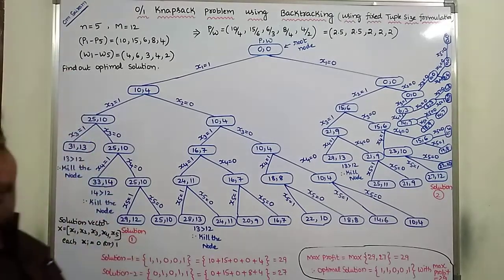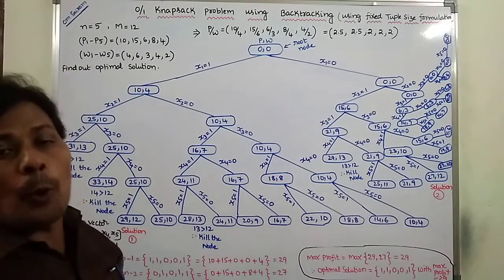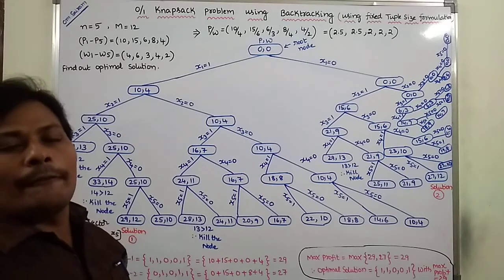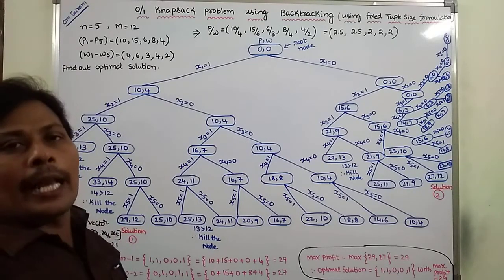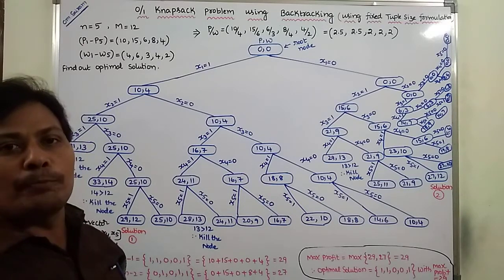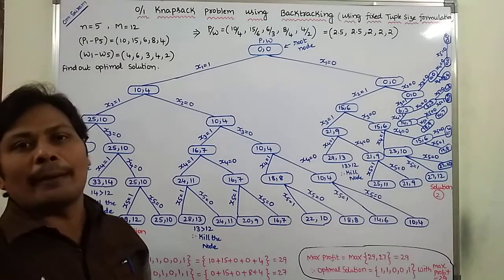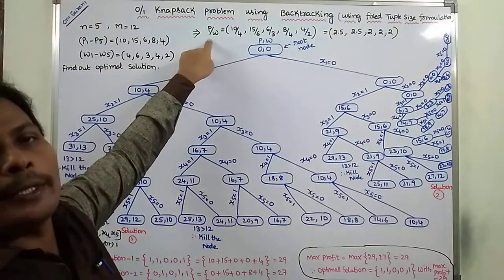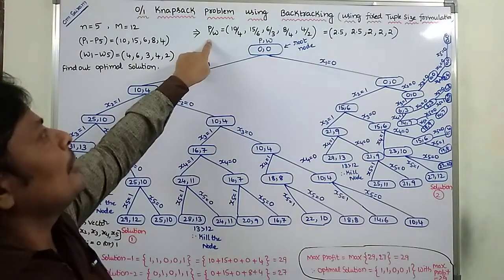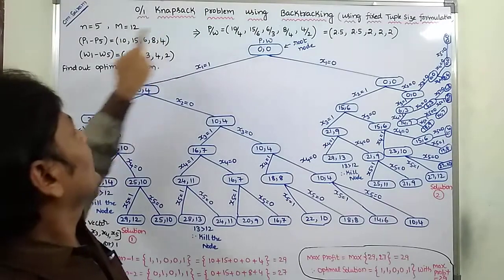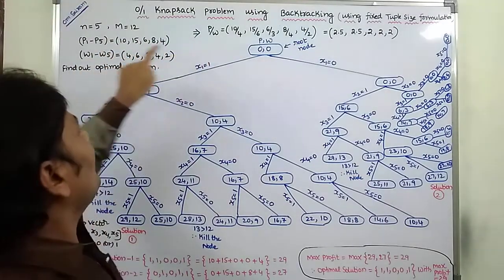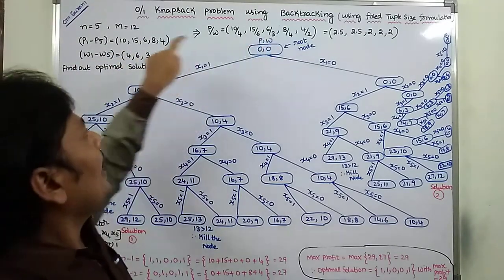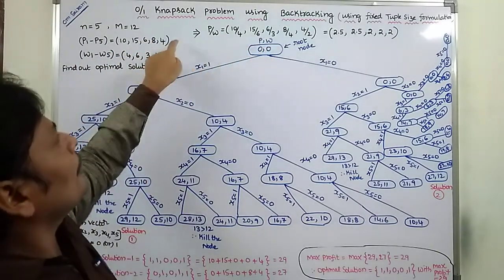In the greedy method, we know that the optimal solution for the fractional knapsack problem can be obtained by using the P by W ratio. In the same way, we find the P by W ratio, which is 10 by 4, 15 by 6, 6 by 3, 8 by 4, 4 by 2.